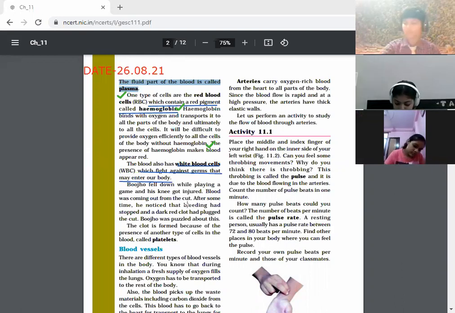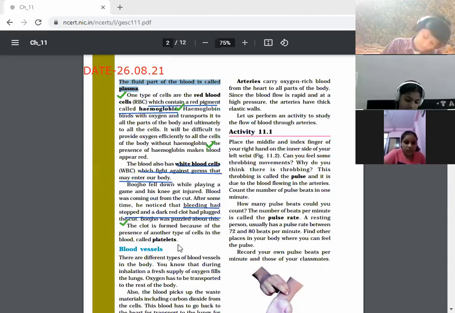A dark colored clot has formed on the injury. That clot is formed due to the presence of platelets.